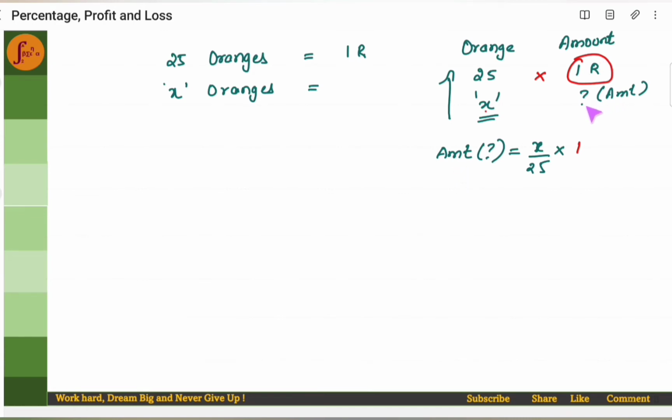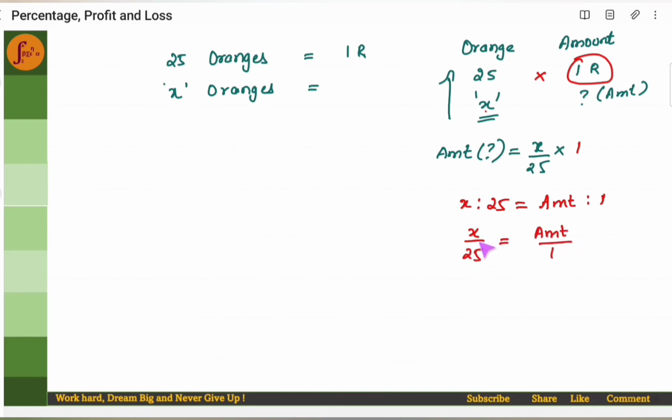Amount is equal to X by 25 into 1. Another way to find this is using ratio. If you write it in ratio format, you take X is to 25 is equal to amount is to 1. And X is to 25 is X by 25 is equal to amount by 1.